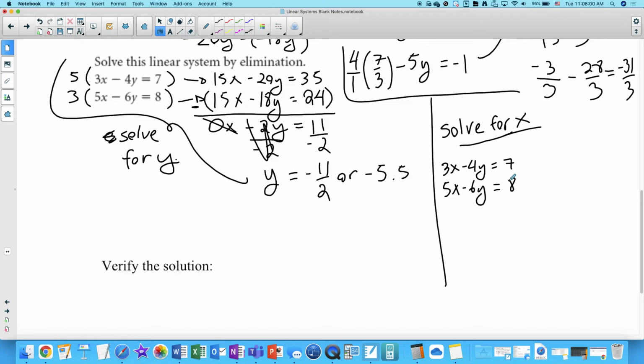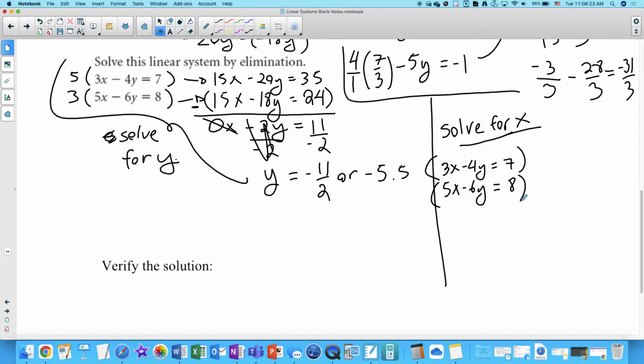Okay, so if I want to solve for x, I need to eliminate y. So I'm going to multiply to essentially make these two coefficients the same. Now, what's the least common multiple of 4 and 6? 12, right? So what do I need to multiply this by so that this is either 12 or negative 12? 3.